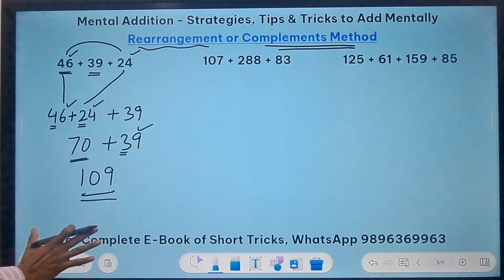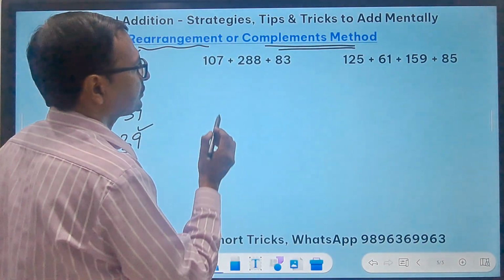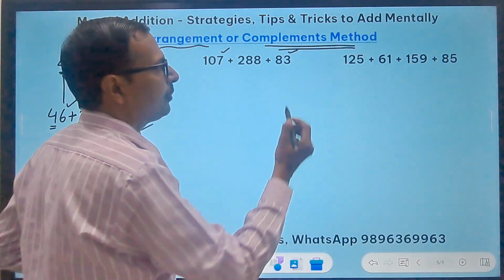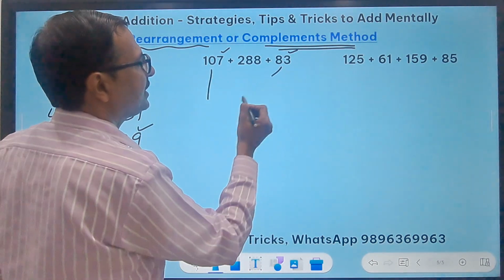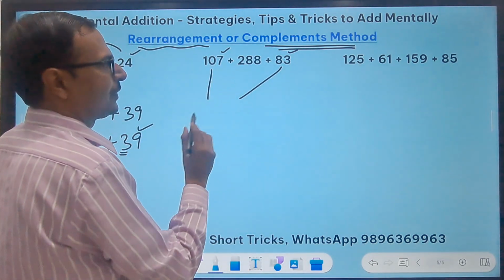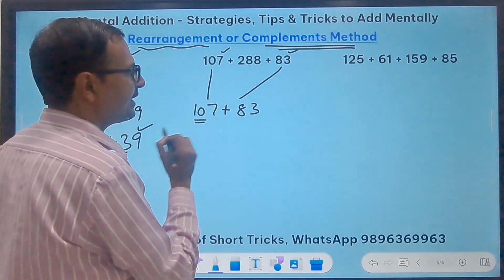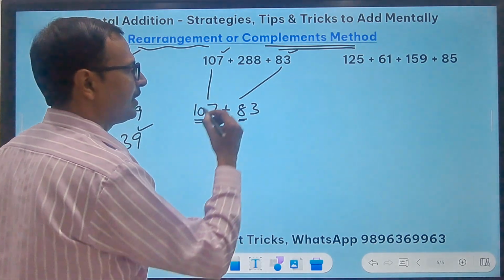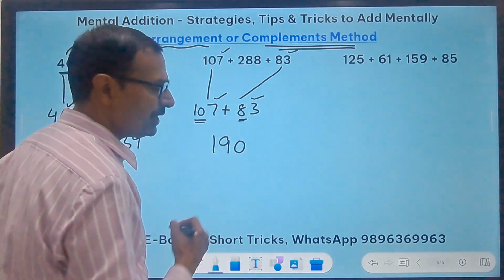This is all mental maths. This is nothing to do with writing work. Okay, watch here. 7 and 3, they form a sum of 10, right? So instead of adding these two, I will add these two. So 107 plus 83. Here you have 10 tens, here you have 8 tens, 18 tens and one more 10, 19 tens means 190.